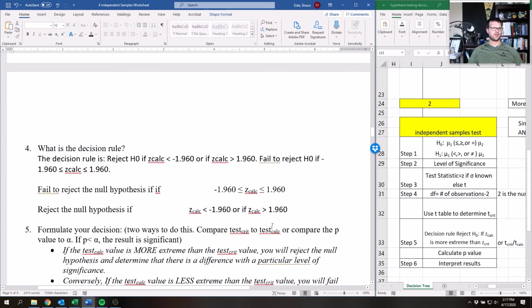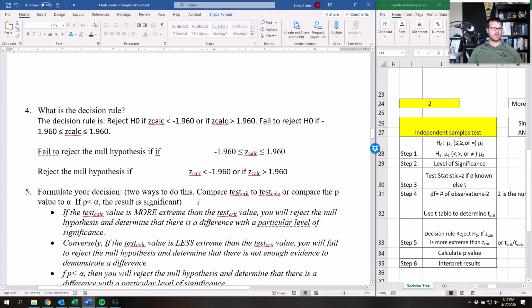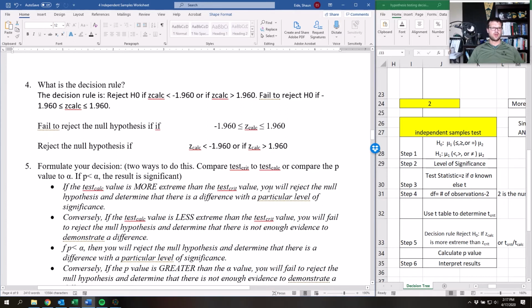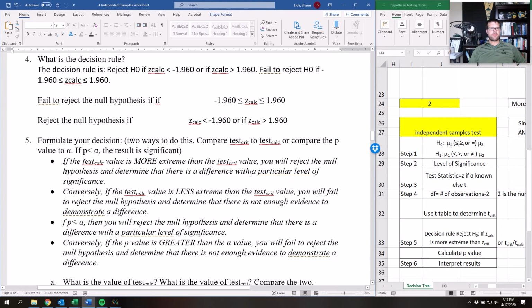Okay, formulate your decision. We're going to compare the test critical to the test calculated, or you can compare the p-value to the alpha. If the probability of occurrence is less than the alpha, then it's significant. Just like if the calculated value is more extreme than the critical value, then it's also significant. You can read through all of this.